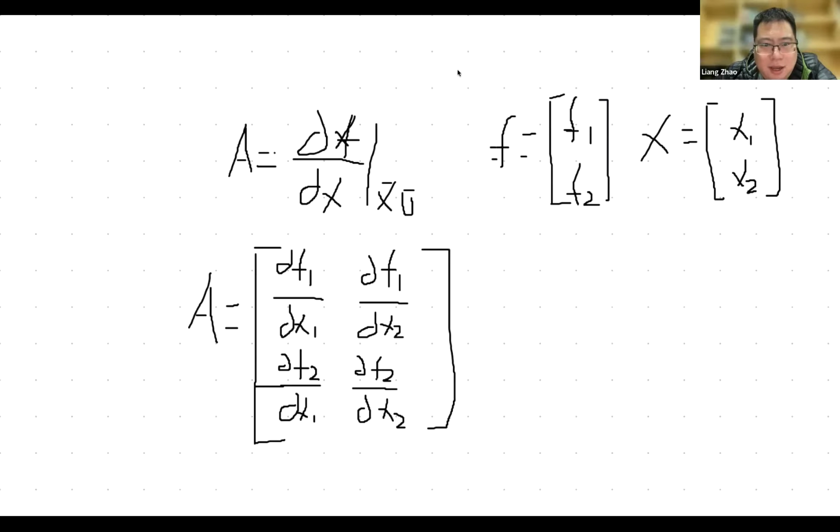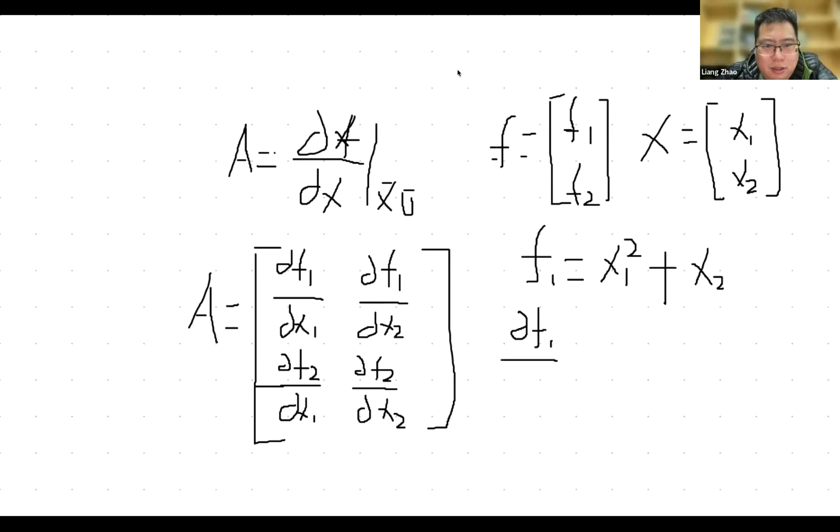So let's say F1 is equal to X1 square plus X2, something like this. And then row F1, that's the partial derivative, row X2 is equal to 1, because it's the derivative according to X2.